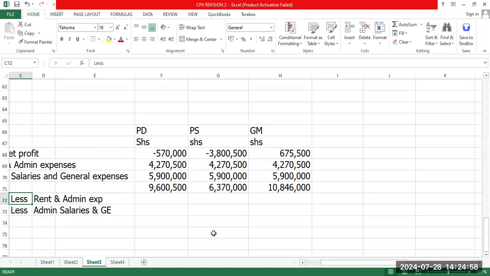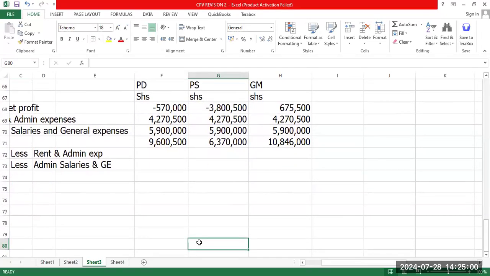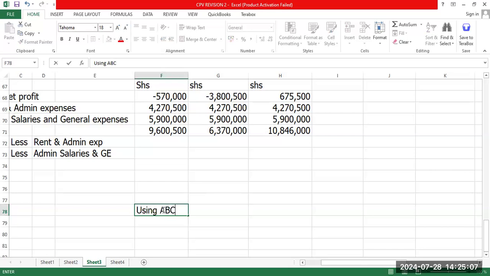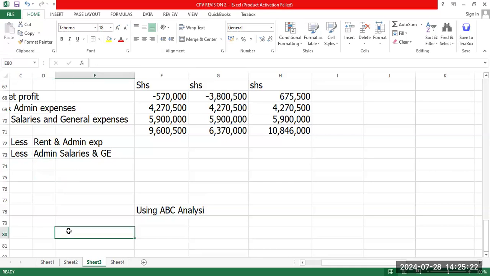So we must first do a working for ABC. Using ABC analysis, what is the total cost for rent and admin? What is the total cost for admin salaries and general expenses? Of course, you need activity rate or cost rate, activity rate.